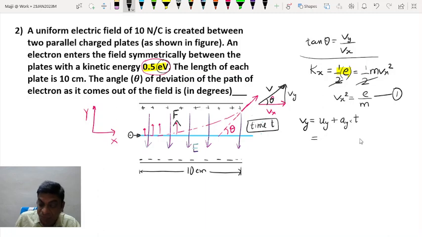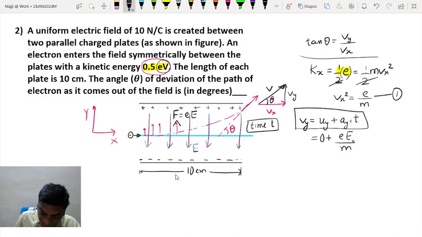I have used the formula v equal to u plus at, the equation of motion, because force is constant and a constant force will result in a constant acceleration. As you know, equations of motion are to be applied only in the situation of constant acceleration. So initial velocity is 0 along the y-axis, acceleration is force upon mass, and time will be, taking this distance 10 centimeter as d, d by Vx.